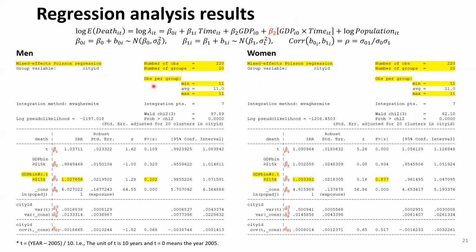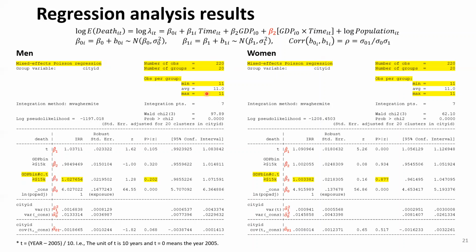And this is the result, and there are 220 records. This is what we expected for men and for women. There are 20 cities, and each city contains 11 data points, because we have yearly data starting from 2005 up to 2015.